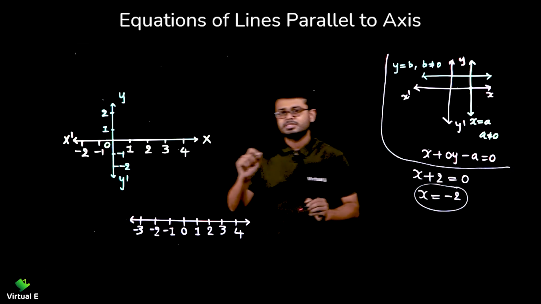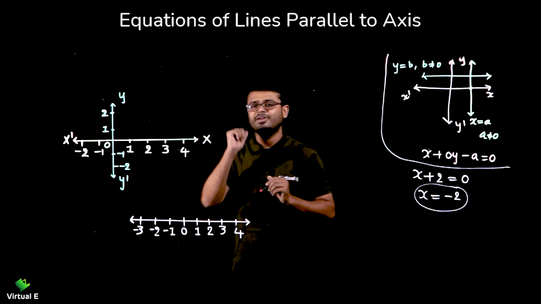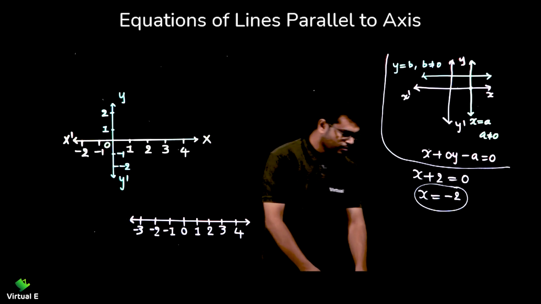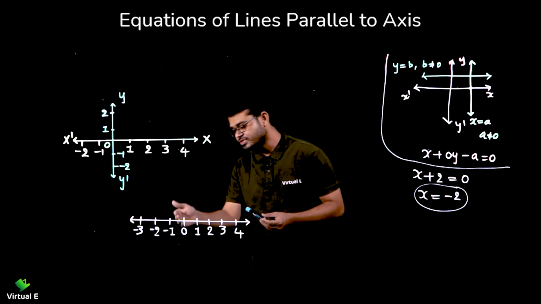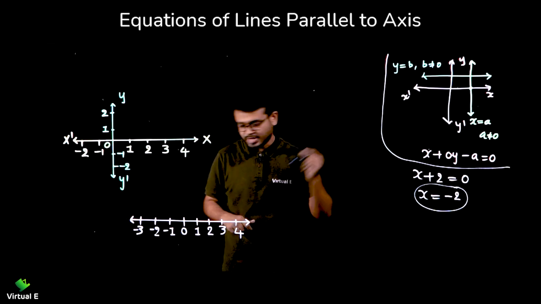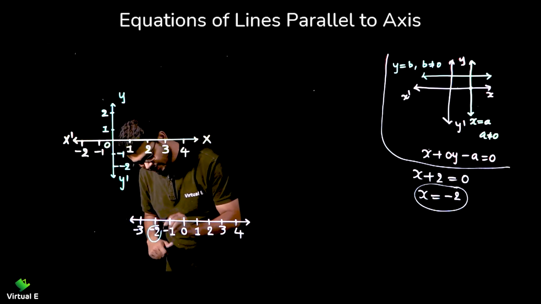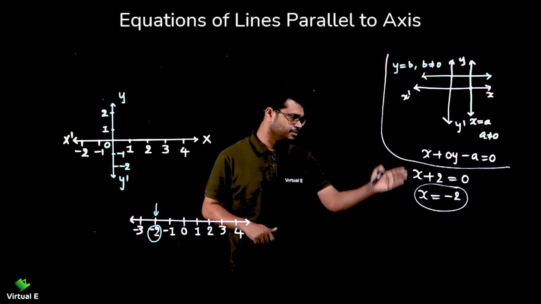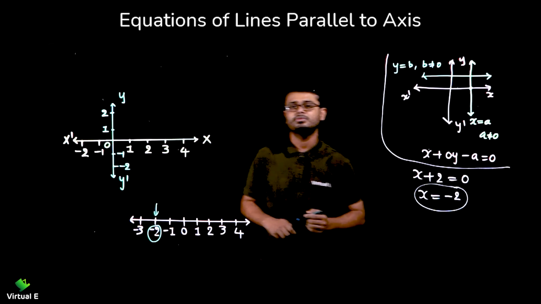Now this we need to represent as one variable. We know that we will be representing on the number line. So x is equal to minus 2 is over here. So this is the solution of this equation, x plus 2 is equal to 0.